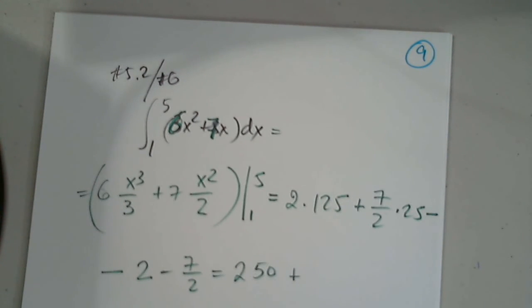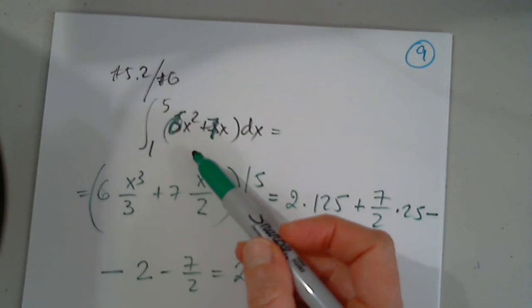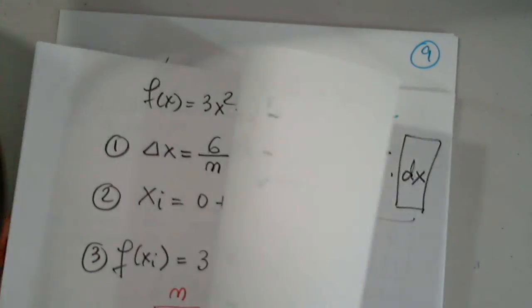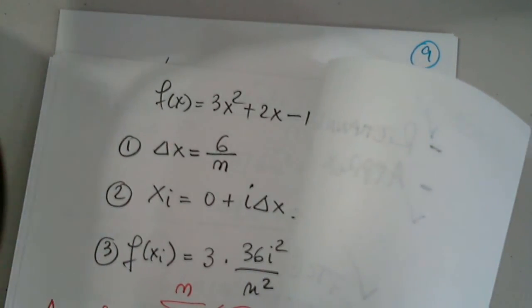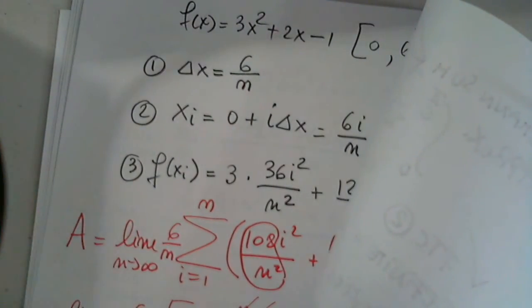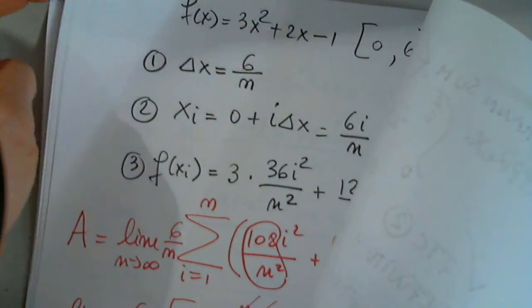If we want to do this with the limit of the Riemann sum, we can, because we have all the pieces asking for the Riemann sum.